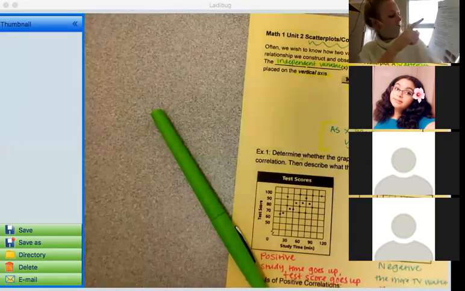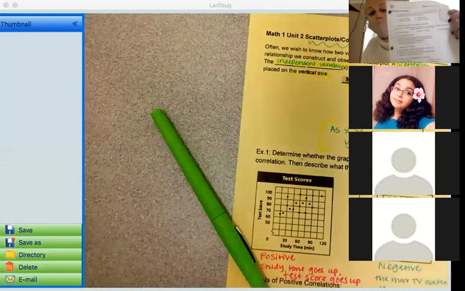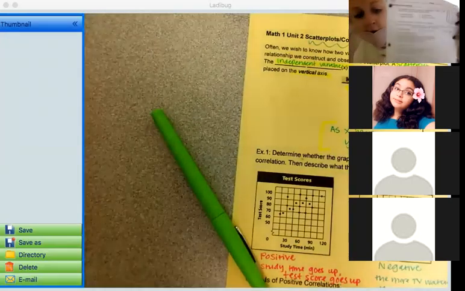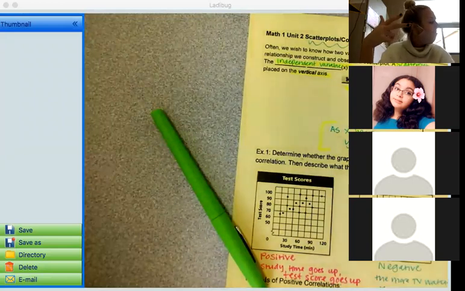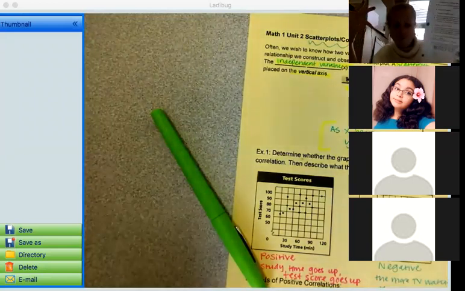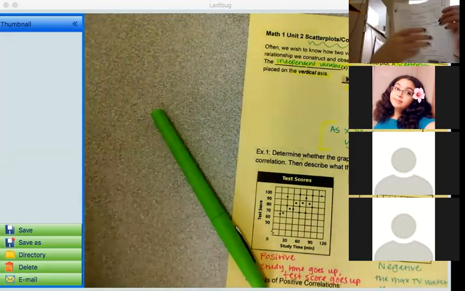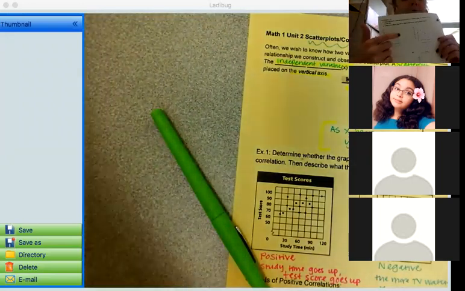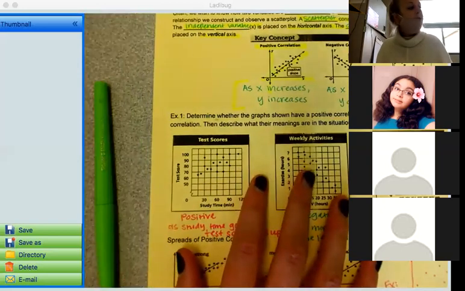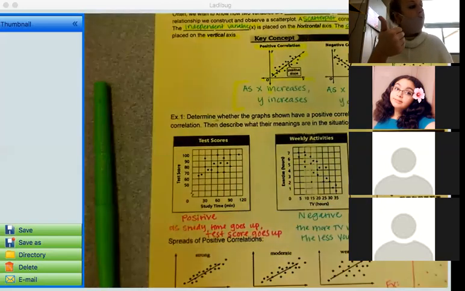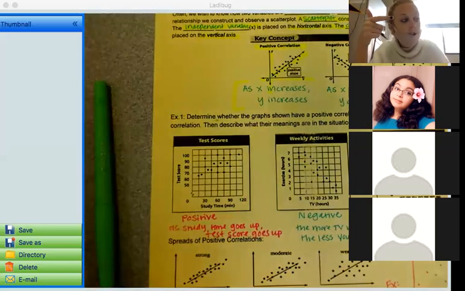The first 6, the whole front page, is multiple choice. You're just telling me if it's positive, negative, none. That's basically it. That's what you're doing on the front. Then when you look at the back, it's 4 graphs, just like we did up here, where you have to tell me what kind of correlation, and you have to describe the meaning.